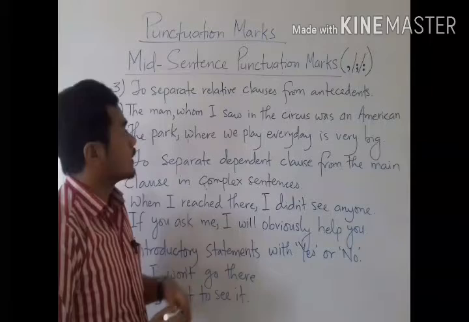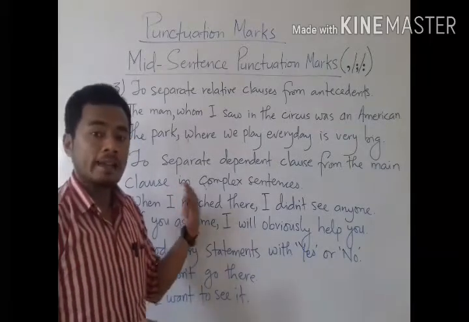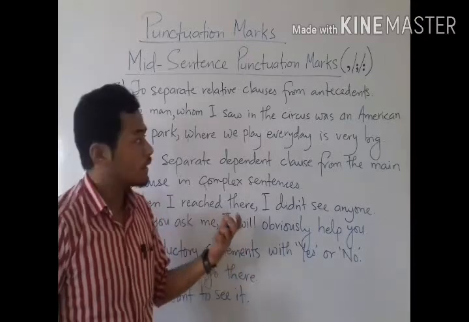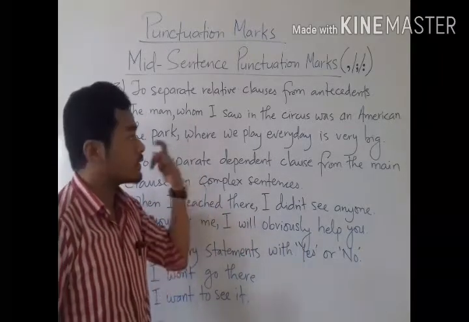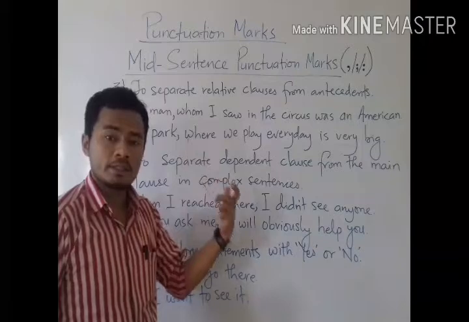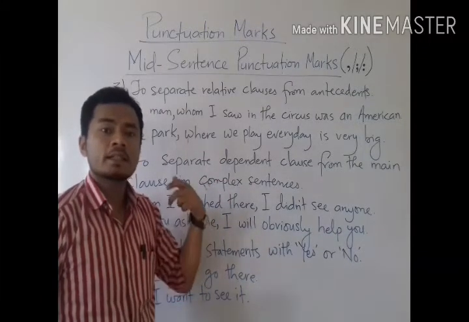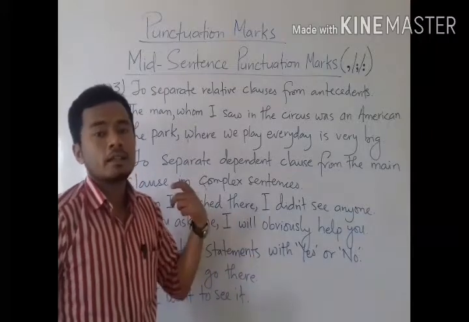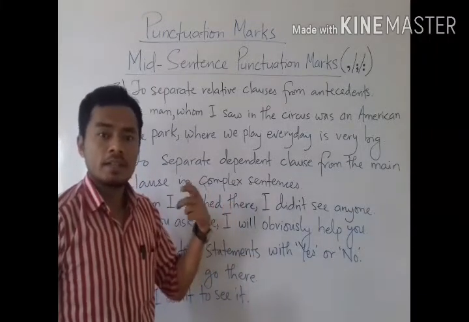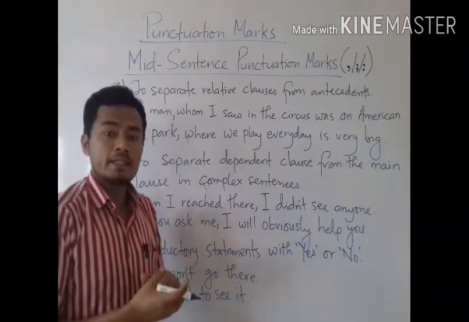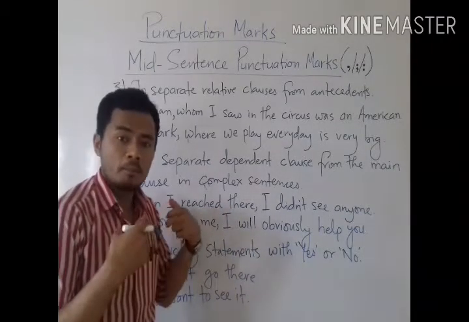Antecedents are the nouns, because these relative clauses give meaningful sense only when we find their antecedents, because relative clauses are closely related to antecedents to give their meaningful sense.